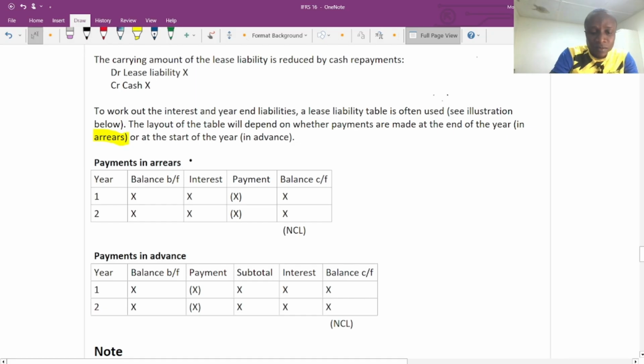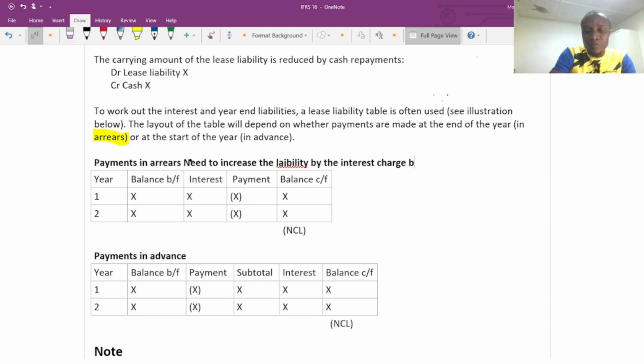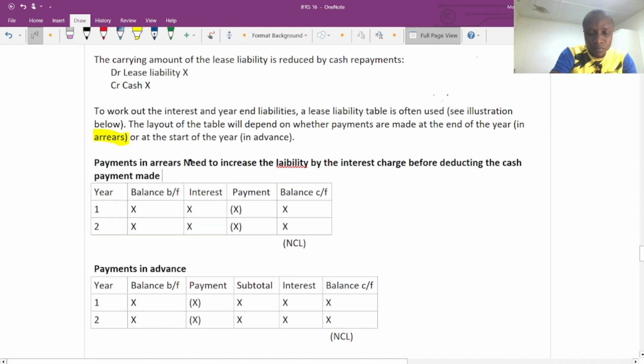For in arrears, we need to increase the liability by the interest charge before deducting the cash payment made by the lessee. So basically, this is the concept. When payment is made in arrears, this is what you need to know.